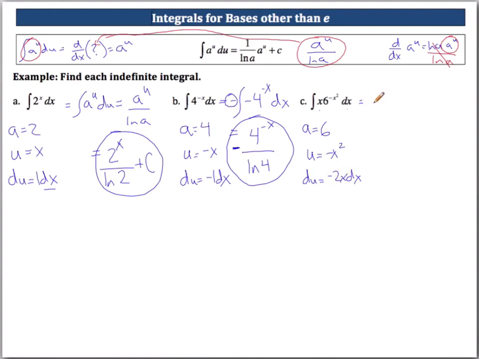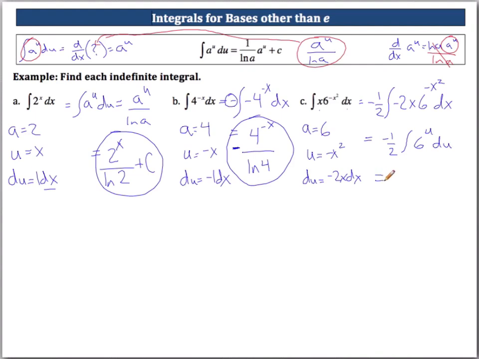So we're going to rewrite this here as the integral of negative 2 times x times 6 to the negative x squared dx. And since I put that negative 2 inside, I'm going to have to put a negative 1/2 on the outside to balance it. So now if I used u substitution, I would have negative 1/2 times the integral of 6 to the u du.